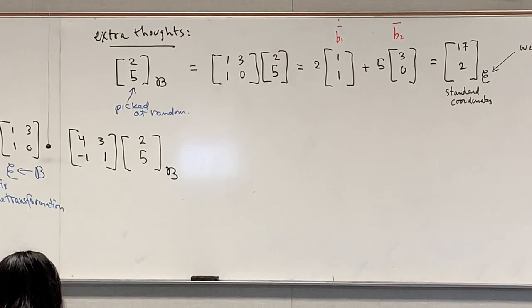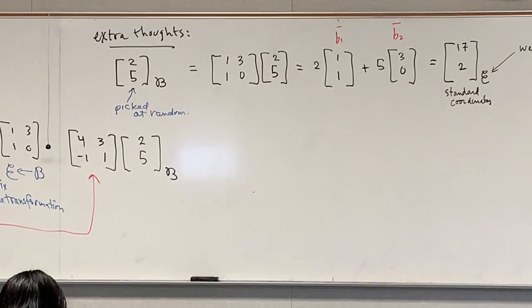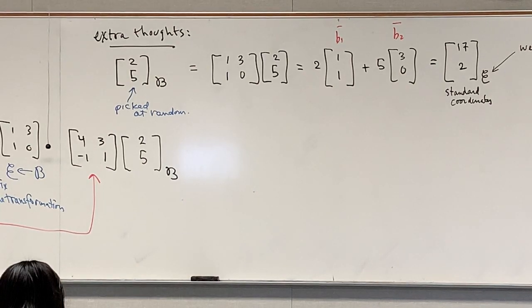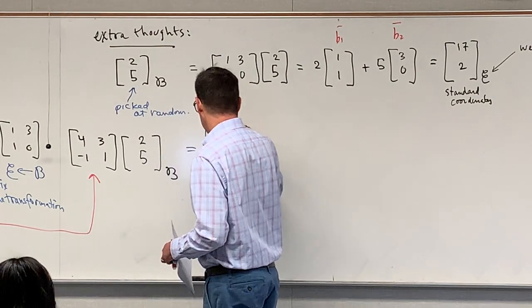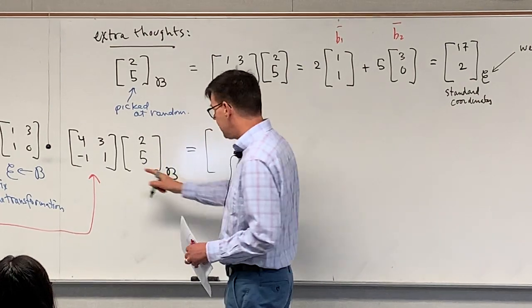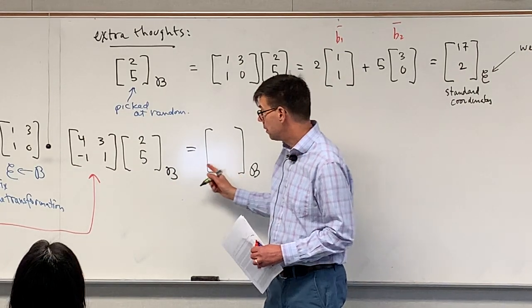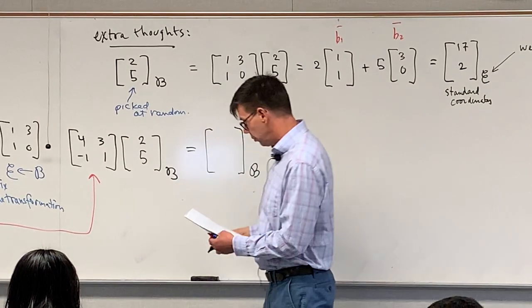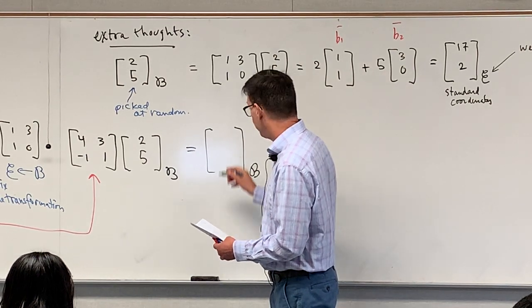So the B basis matrix for the transformation. And again, that matrix takes me from B coordinates to B coordinates. So when I do what I've got to do, that turns out to be 23, 3.